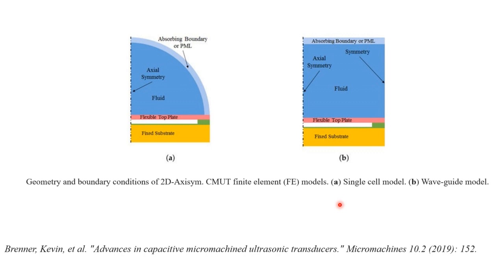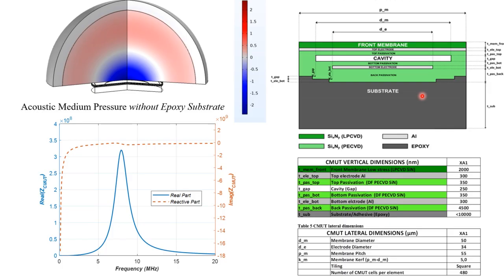Just to show you how these models can be used for evaluating, for example, the electrical impedance of CMUTs, let me share a simple model over here. You see you have a front membrane which is made of LPCVD material, and then you have PECVD passivation around the cavity.